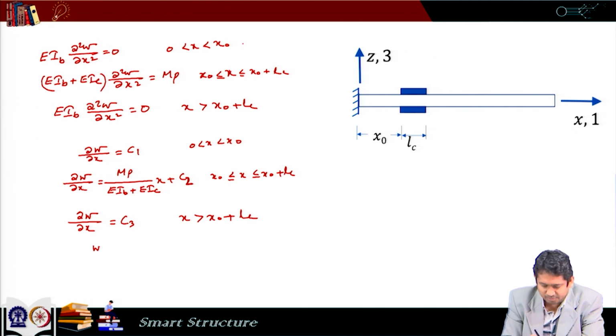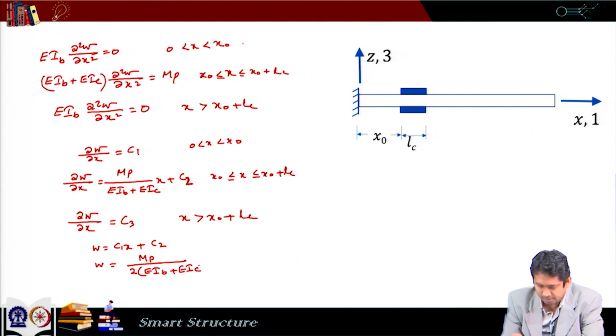If we further integrate, we get C1 x plus C4, here we get MP by 2 EIB plus EIC, x squared by 2 plus C2 x plus C5, and then here we have C3 x plus C6.